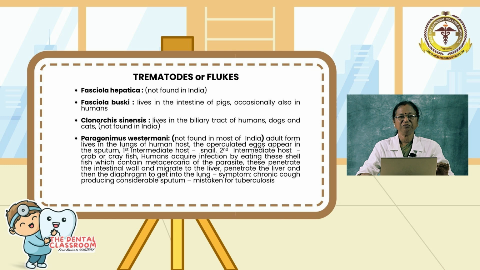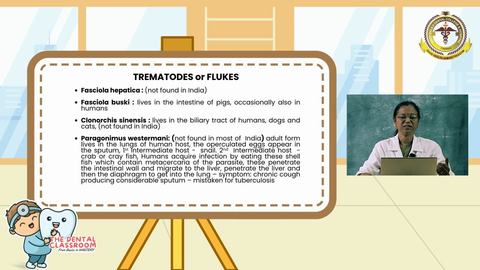The adult form of this particular parasite is seen in the lungs of the human host. Again, they have operculated eggs and they are seen in the sputum. The first intermediate larval stage is seen in snails and the second intermediate larval stage is seen in crabs or crayfish. Humans acquire infection when they eat these shellfish which are not properly cooked and contain the metacercaria, the infective form of this parasite.